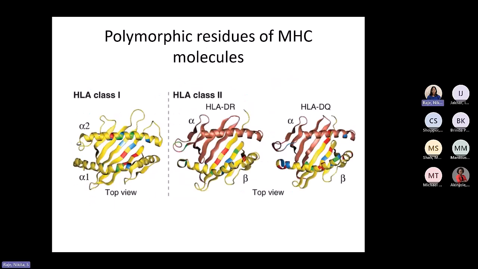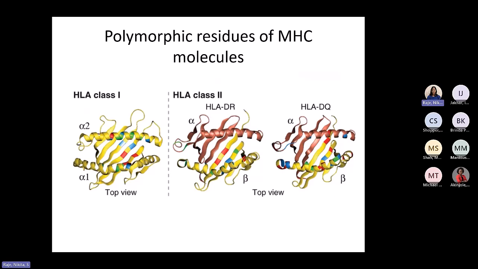All right, here you are seeing the cleft made in class 1 MHC and class 2 MHC from the top view, and some parts of these clefts are colored red, green, and blue. The highest variability in this cleft comes in those regions that look red. Green has intermediate variability and blue has the lowest variability.